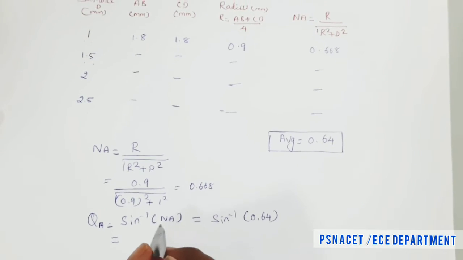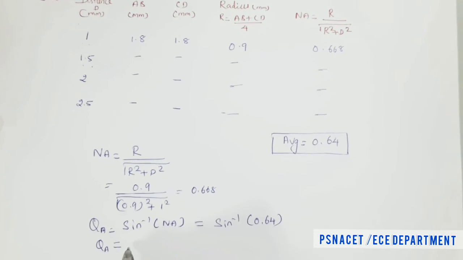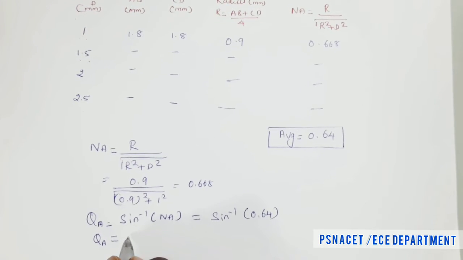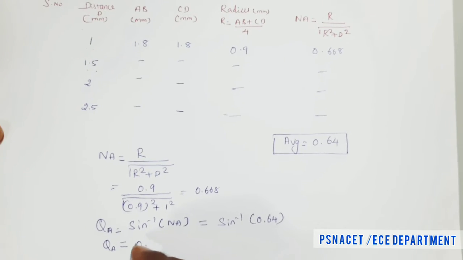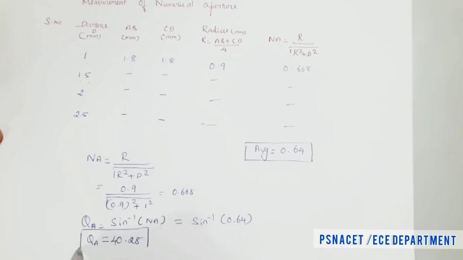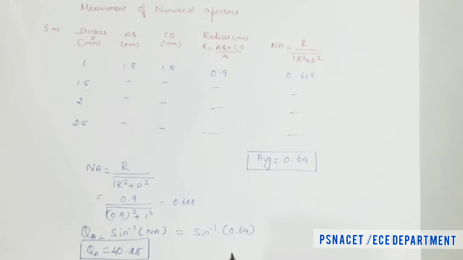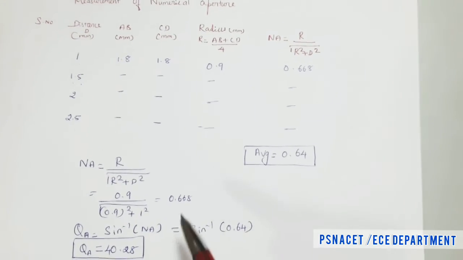By substituting this numerical aperture, I can find the value of acceptance angle, which is equal to 40.28 degrees. So this is how the calculation part goes.